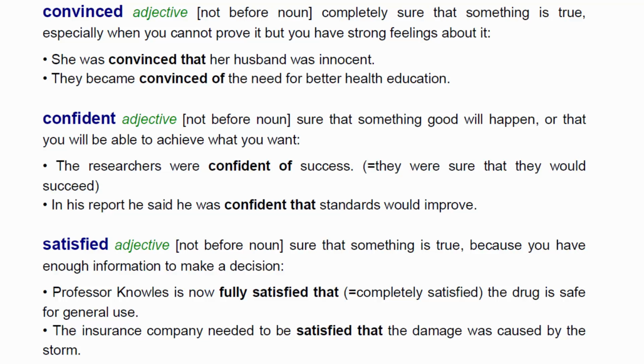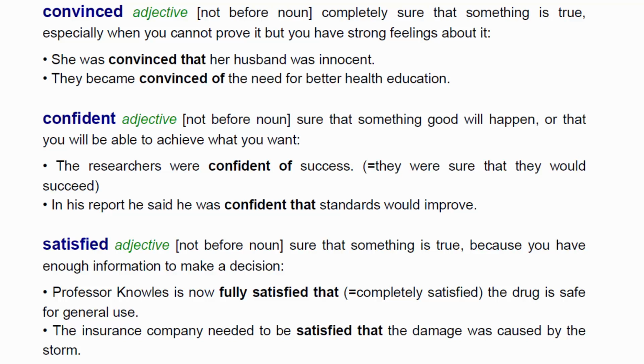All right. They became convinced of the need for better health education. So convinced means sure that something is true. Like you say, I am convinced that Asad Yaqub will help me. I am convinced that one day I'll get a very good band score in IELTS, like that.